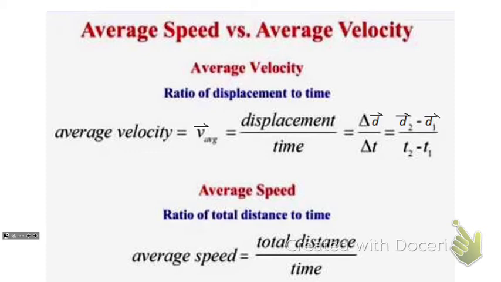So velocity is related to displacement, and speed is related to distance over time. Speed is equal to distance over time.